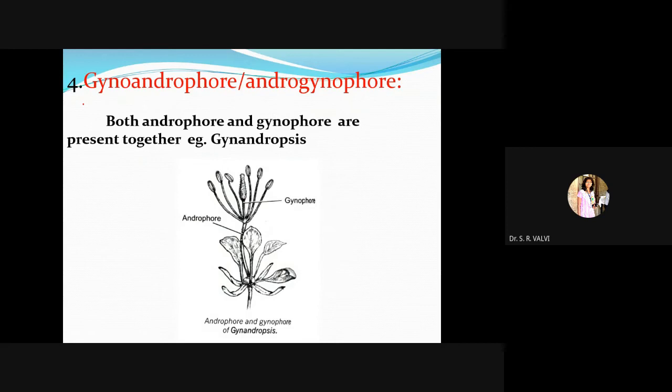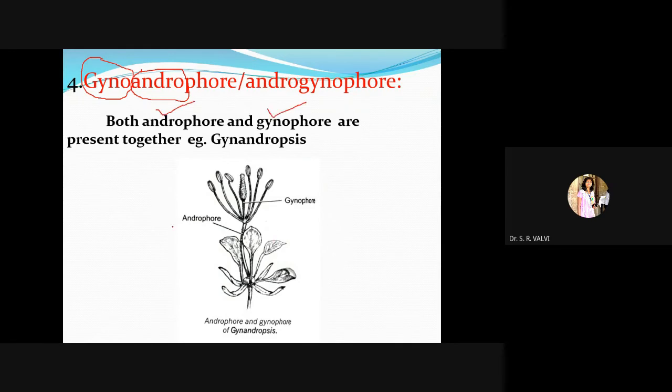Now, next the fourth internodal portion, that is gynoandrophore or androgynophore. Here you have the terms gyno as well as andro, right? It means both internodal portions are present here: androphore and gynophore.